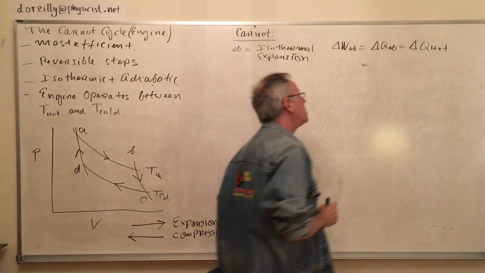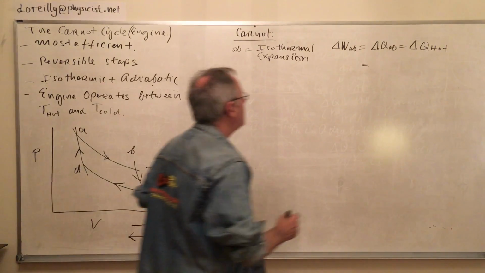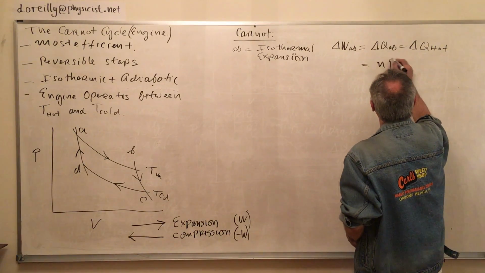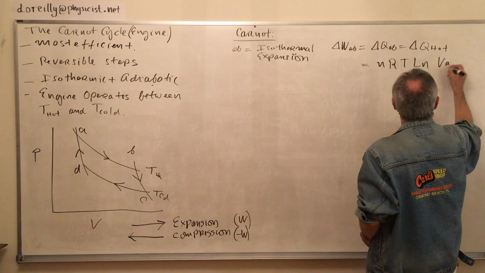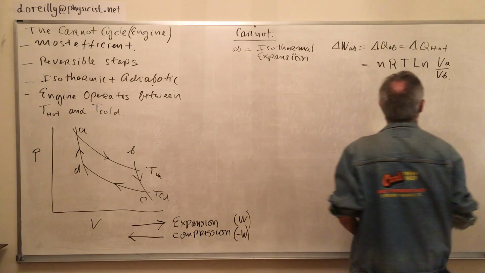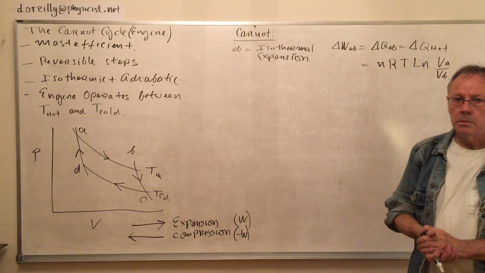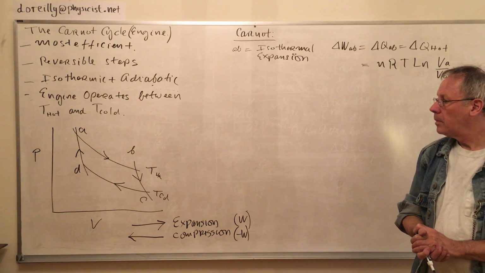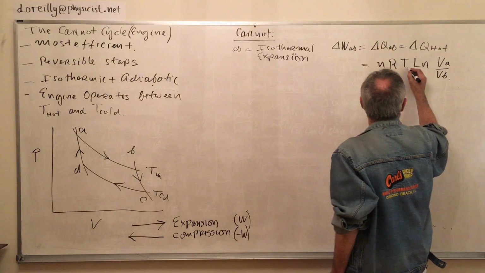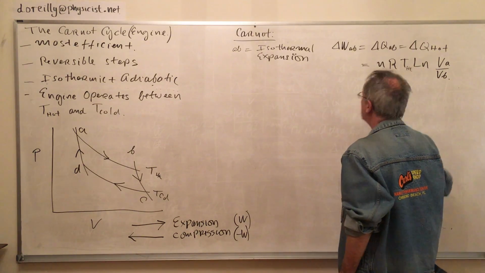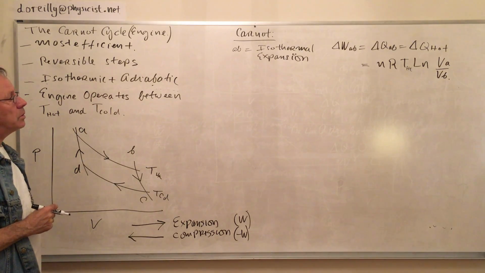And it's the heat exchanged from the hot, or extracted from the hot reservoir, and it's going to be nRT log VB over VA. Excellent. Look at the diagram. T hot. I have a little T hot in there because I don't want to confuse the notation.